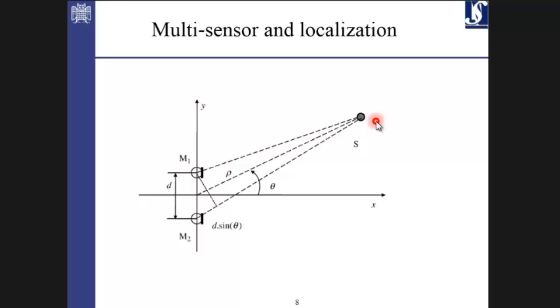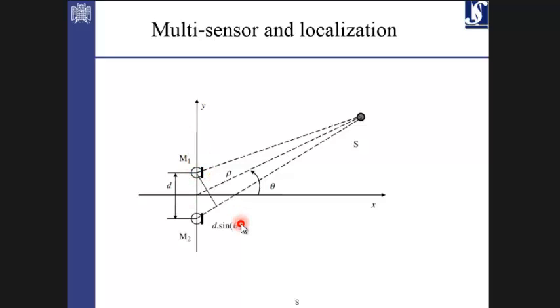Then the propagation of the wave from the source to the microphones is such that one of the microphones grabs the signal sooner than the other. It means there is a delay for microphone M2 to grab the same information from the source compared to microphone M1.